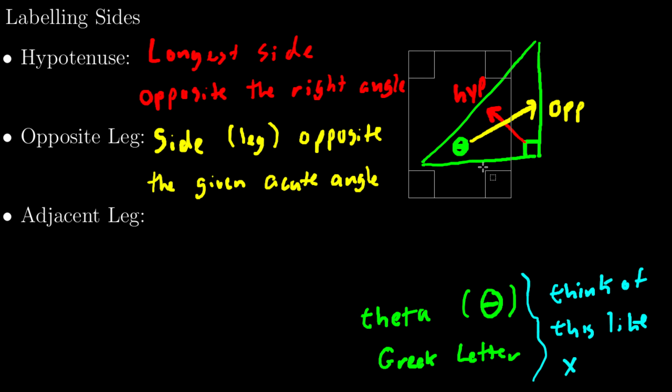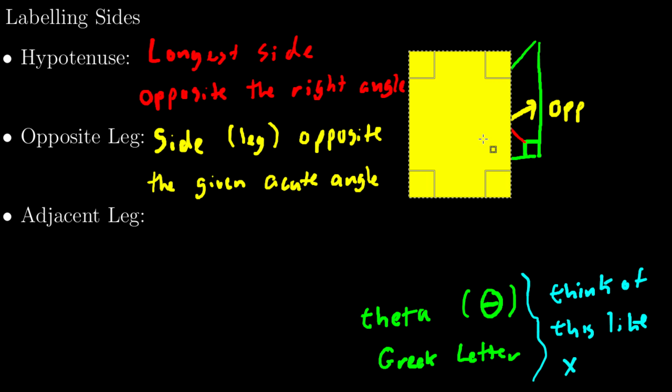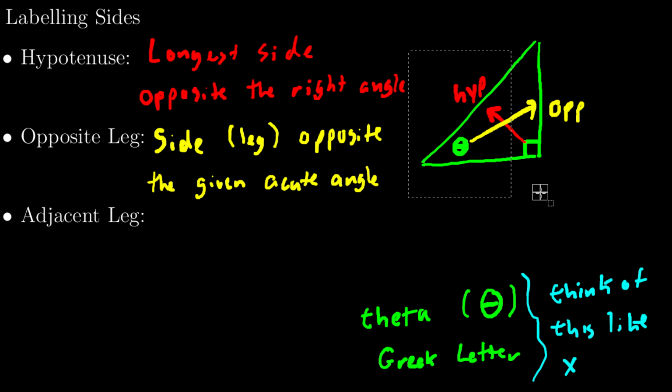If I were to cover up this angle, the side that's left is the opposite side. So that is something you can do if you're having trouble just going across.